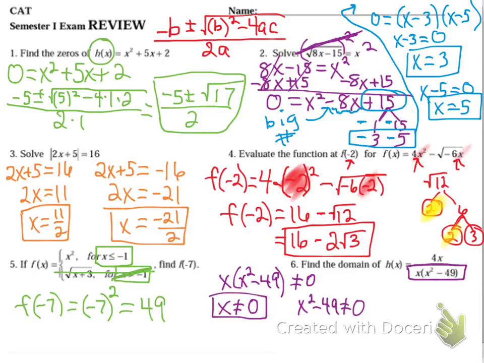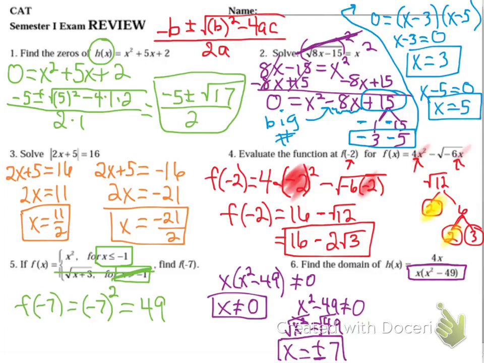So this one is already solved. This one I'm going to add 49 to each side, and then I'm going to take the square root of each side. Don't forget, when you take the square root of a variable squared, your answer is both positive and negative, but I still have to write it in domain notation.